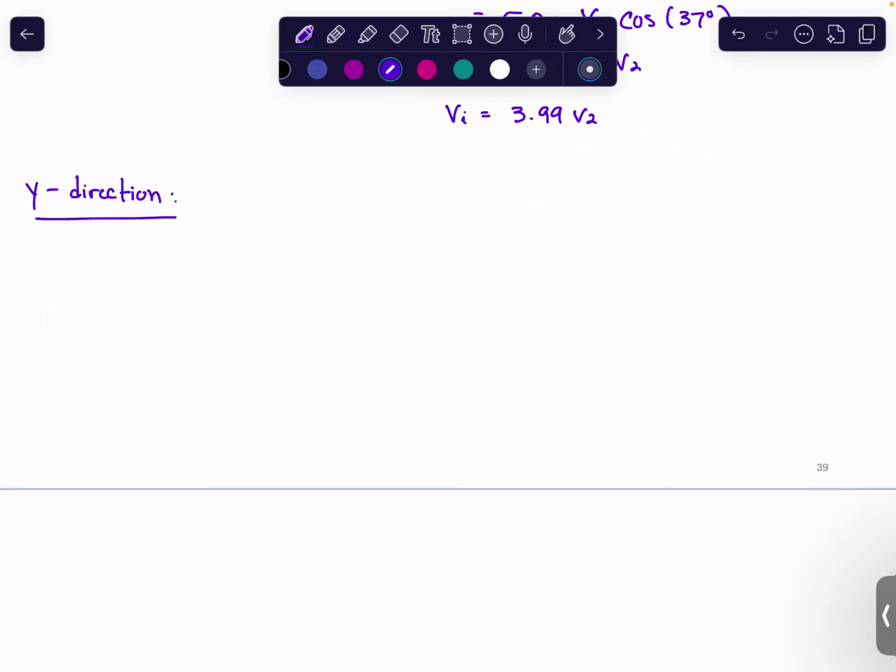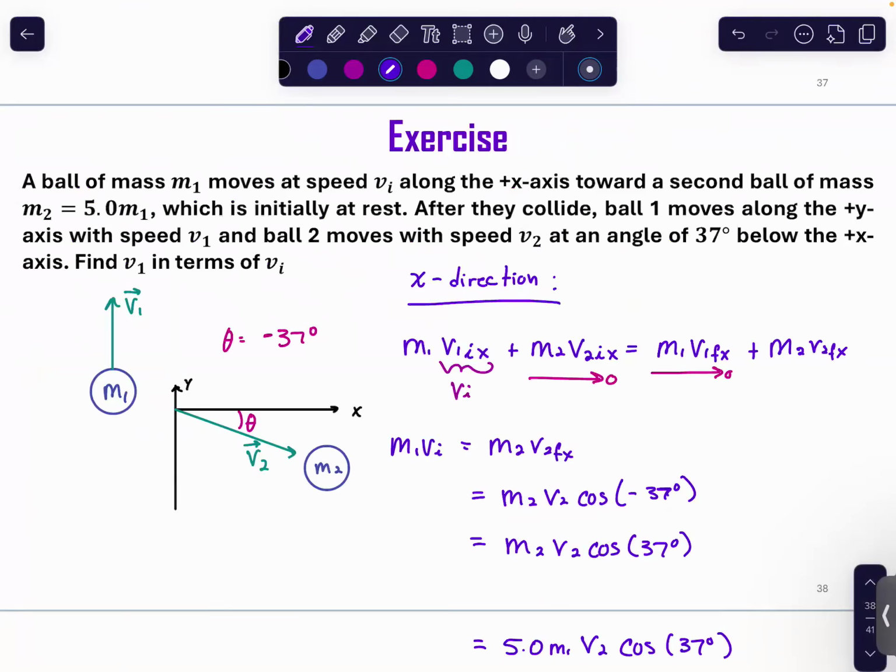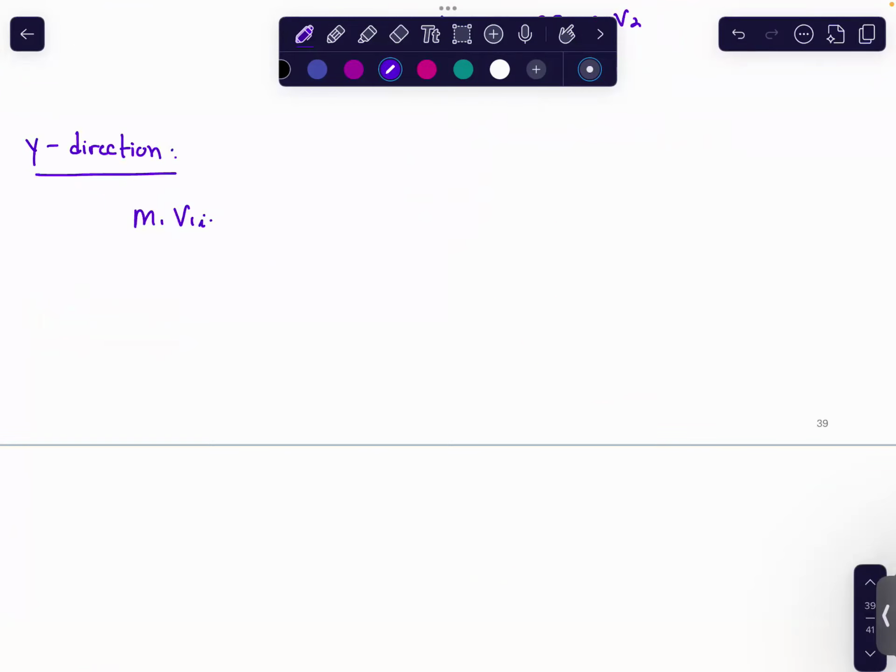All right, so let's do our conservation of momentum in y. So m1 initial velocity in y, m2 initial velocity in y, equals m1 v1 final in the y direction plus m2 v2 final in the y direction.